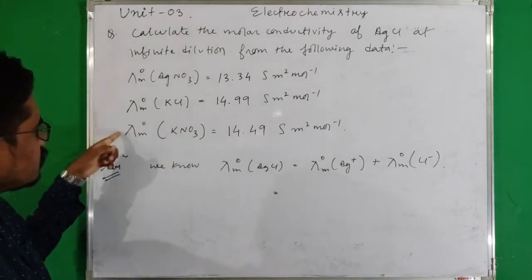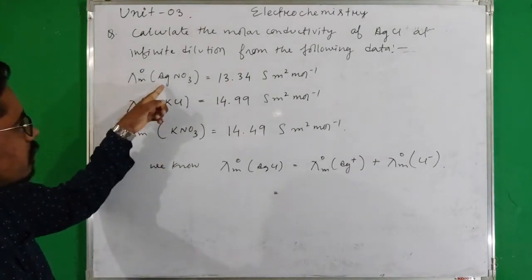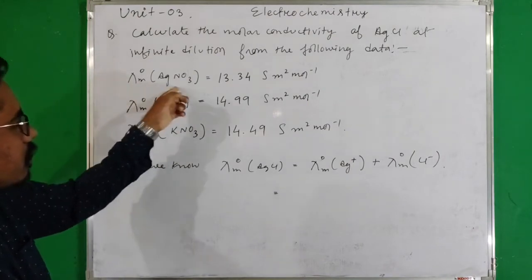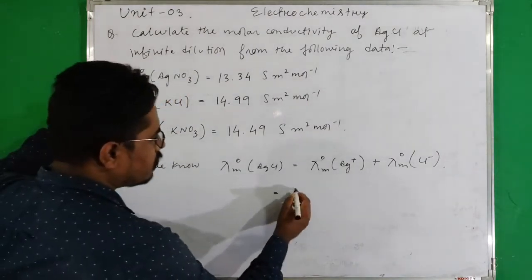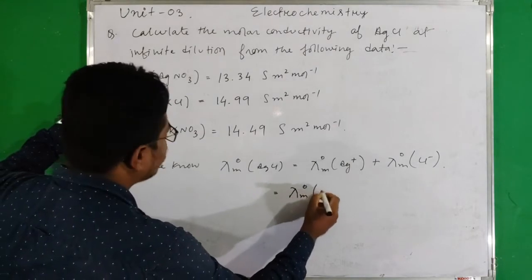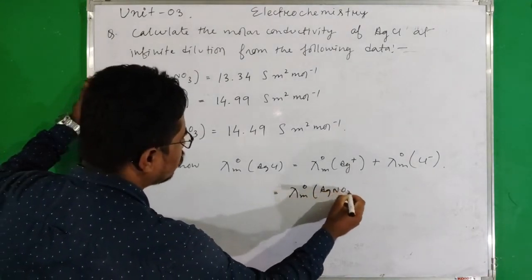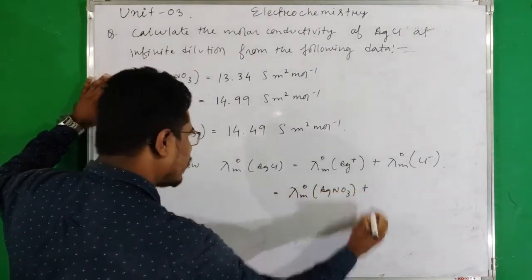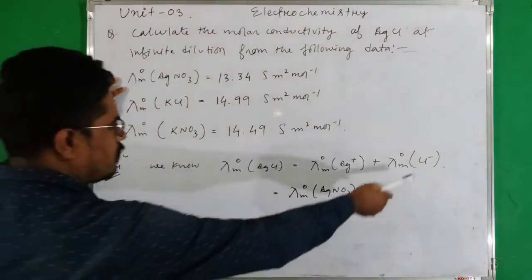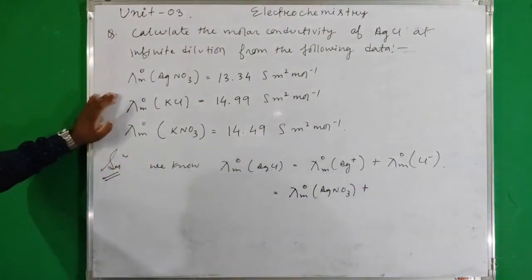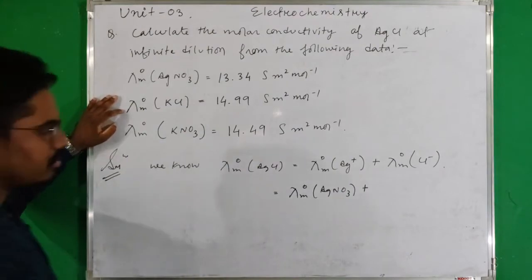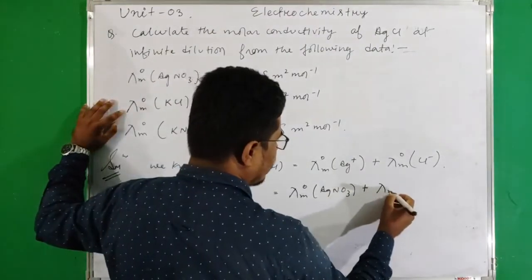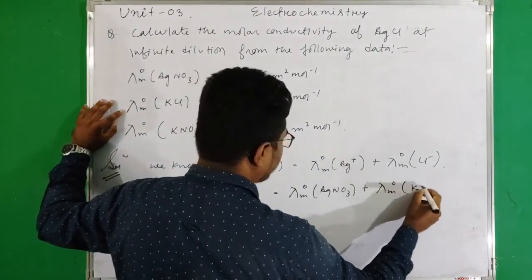So in the given data, Ag positive is present in the first one. Okay, so we will put lambda m naught for AgNO3. Then we have to find Cl negative. So Cl negative is present in the second data. That means lambda m naught KCl.